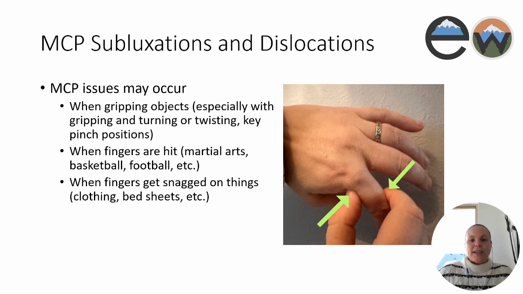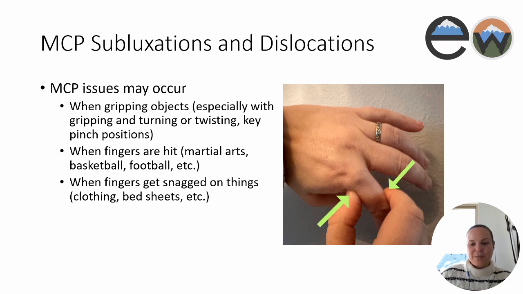So yes, issues can occur at this joint, especially with the type of force that is being shown here. And you look at this and you're like, why would you ever apply force like that? In my personal experience, that was just plugging in a plug to an outlet. It's that same type of force that was applied to my hand.